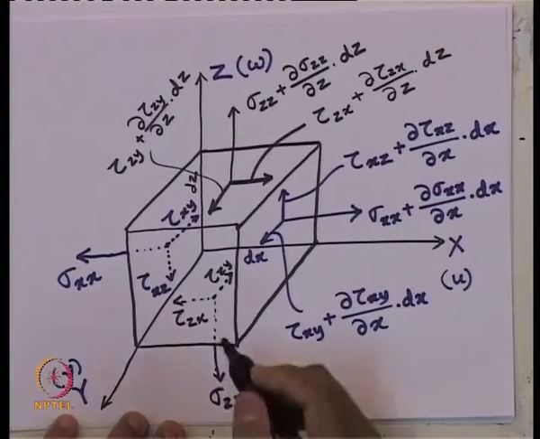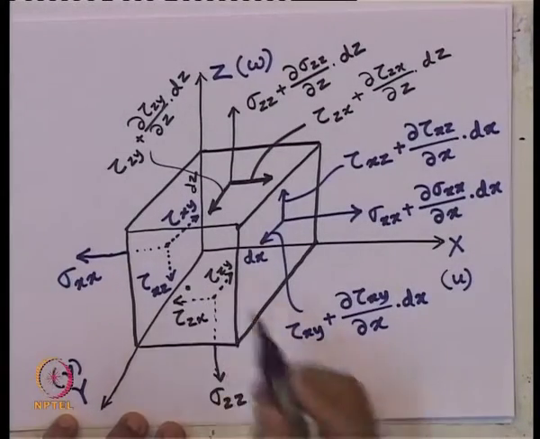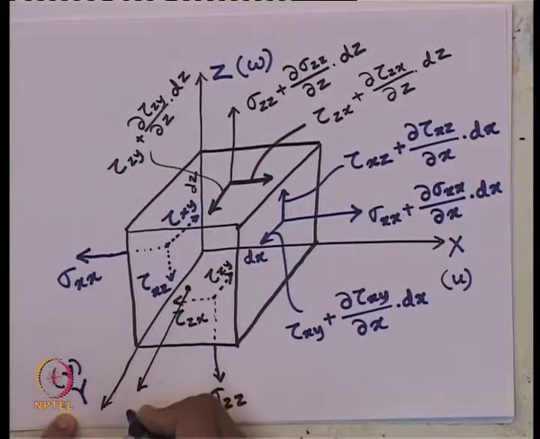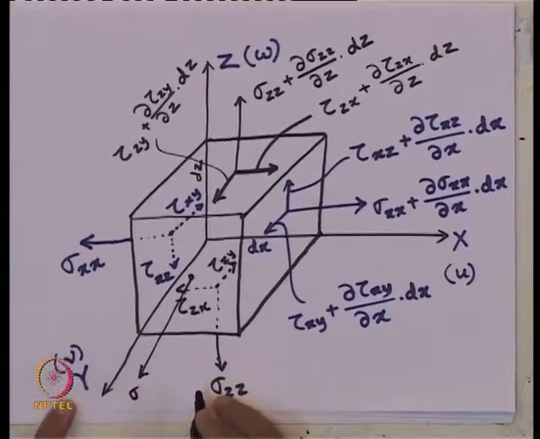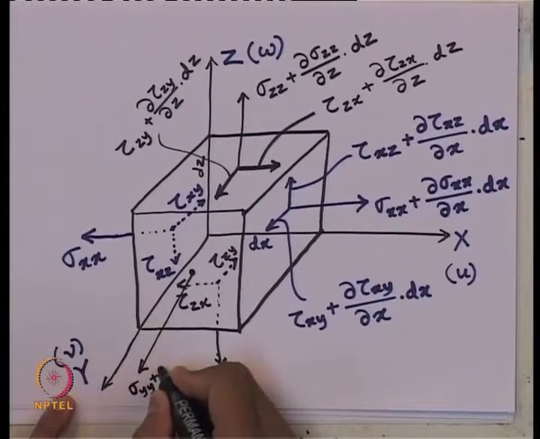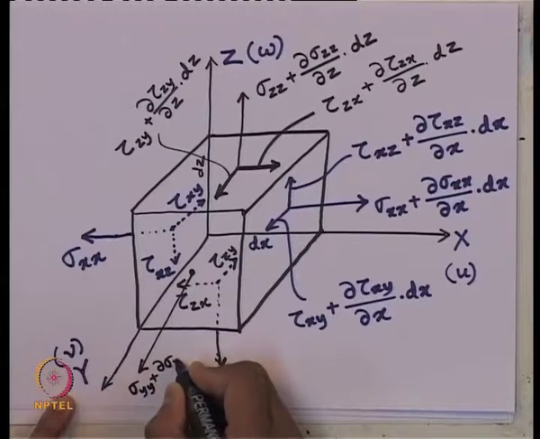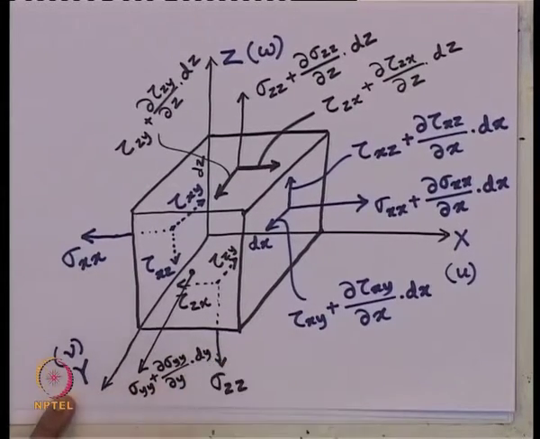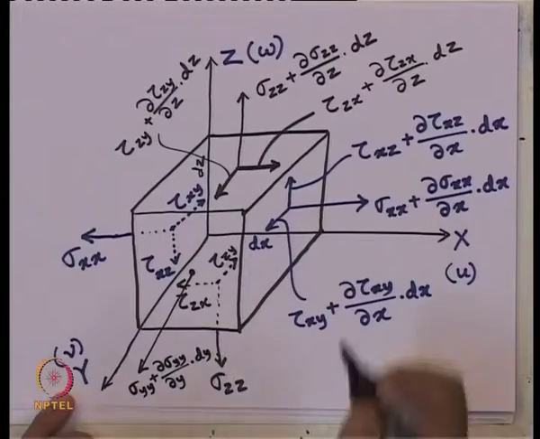So, on this plane, let me draw it in this direction. This should be sigma y y plus del sigma y y by del y into dy, that is the normal stress.